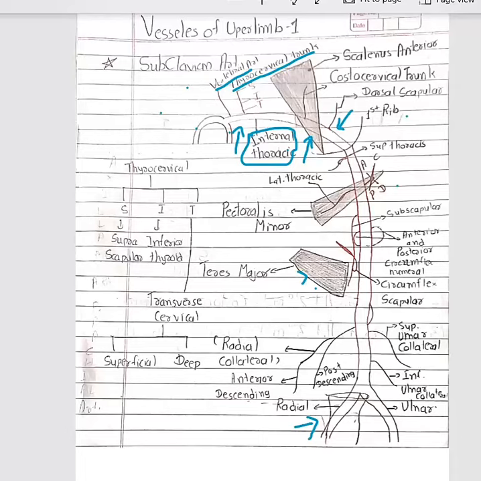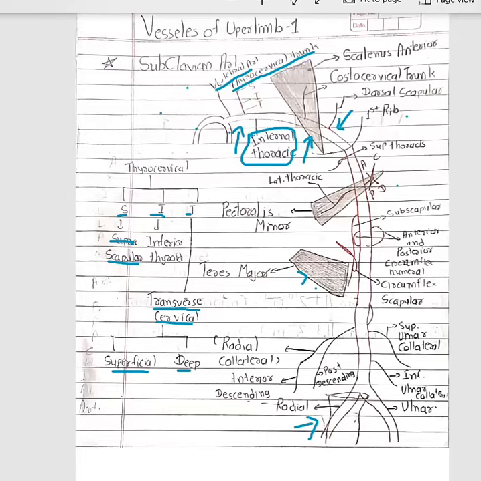The thyrocervical trunk is further divided into three branches: SIT, suprascapular artery, inferior thyroid artery, and transverse cervical artery. The transverse cervical artery is further divided into superficial and deep branches. In the second part, there is one branch, the costocervical trunk.